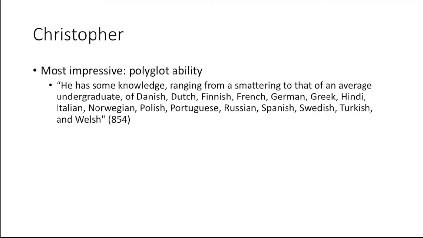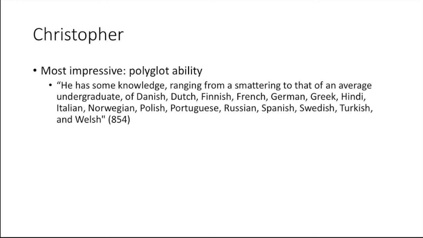So, for instance, Smith writes that he has some knowledge, ranging from a smattering to that of an average undergraduate, of Danish, Dutch, Finnish, French, German, Greek, Hindi, Italian, Norwegian, Polish, Portuguese, Russian, Spanish, Swedish, Turkish, and Welsh.